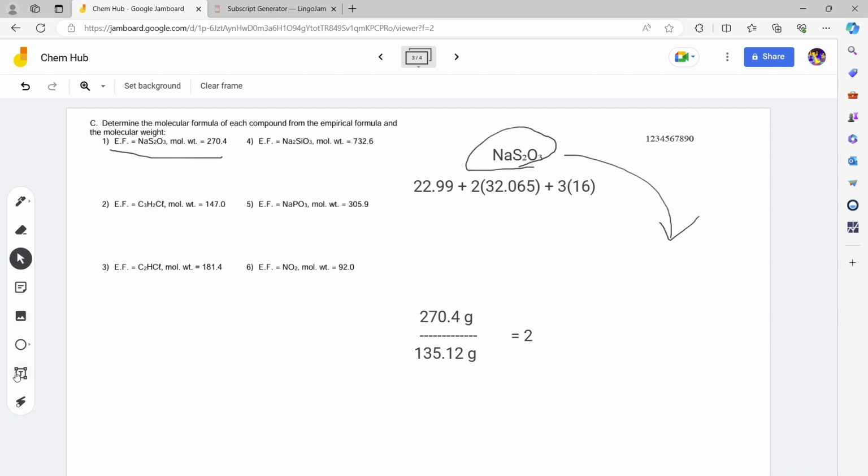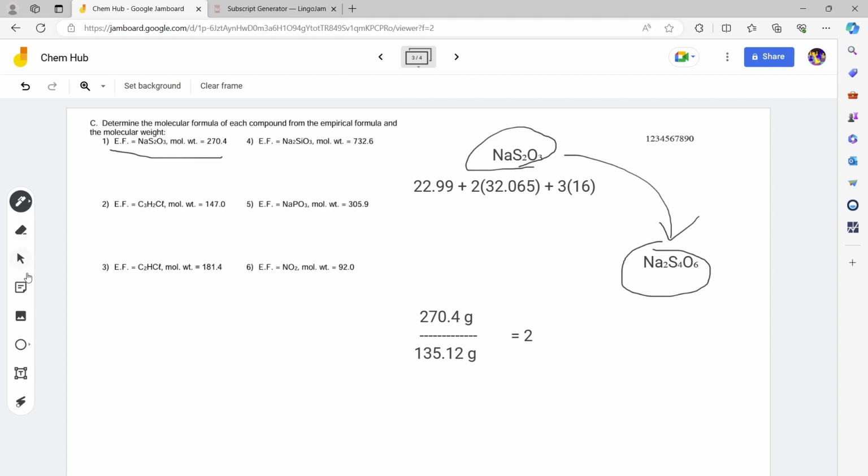We can now just multiply the subscripts. So instead of sodium, we have sodium 2. Instead of sulfur 2, we have sulfur 4. And instead of oxygen 3, we have oxygen 6. And this is how we go from empirical to molecular formula.